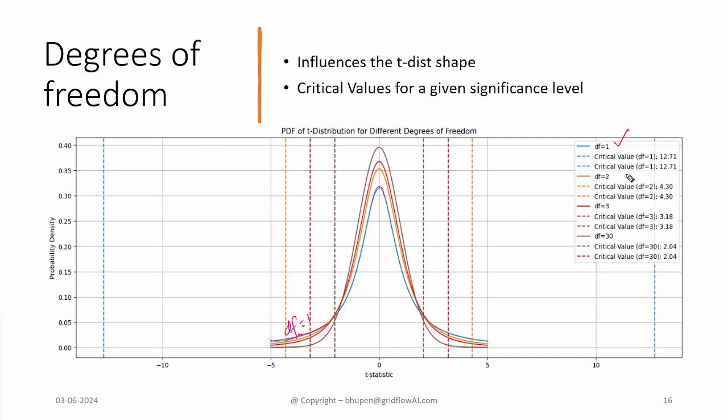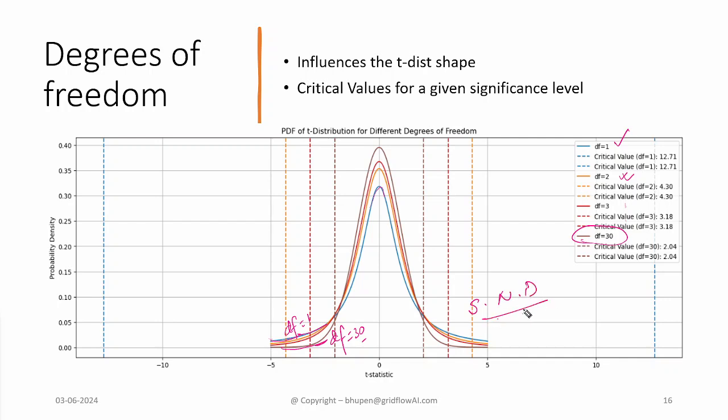Okay, and then as you increase the number of samples, the degrees of freedom increases, and hence the shape changes. For example, the last one is this one here. So this is degrees of freedom 30. As you increase the number of samples, the degrees of freedom also increases, and the t-distribution is now approximating a standard normal distribution.